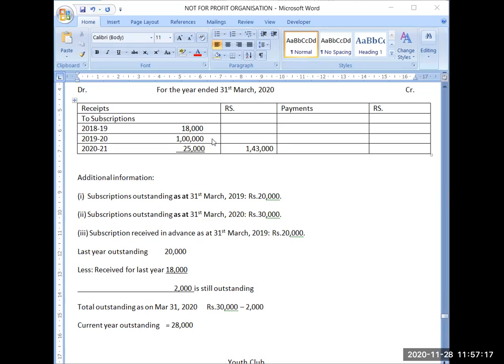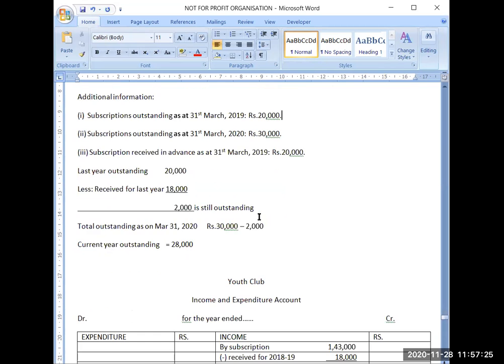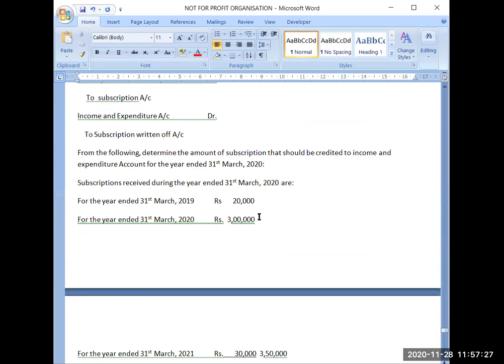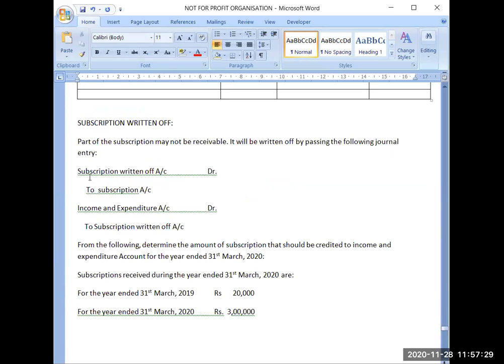So out of 20,000, you have received 18,000, and that 2,000 has to be written off because now it cannot be recovered if the question says like this. So it is only for example. So what will be the general entry for that? Subscription written off account debit to subscription account. However, because this amount was earlier outstanding, the entry should be outstanding subscription here.